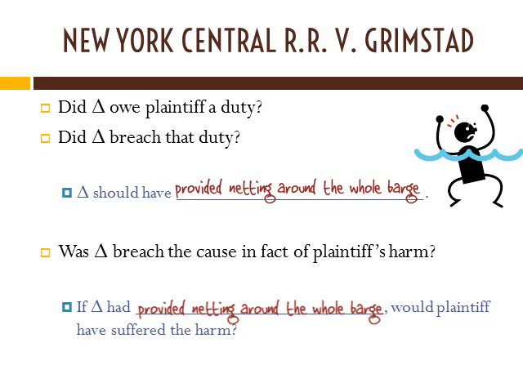So why didn't they claim that? Well, the problem is, back up in breach. If they're trying to argue that the defendant should have provided a netting all around the whole barge, they're going to have a hard time showing that that was a reasonable thing to expect. I mean, if you put a netting all the way around a barge, it's going to be hard to tie up the barge, it's going to be hard to load the barge, it's going to be hard to do much of anything with the barge.